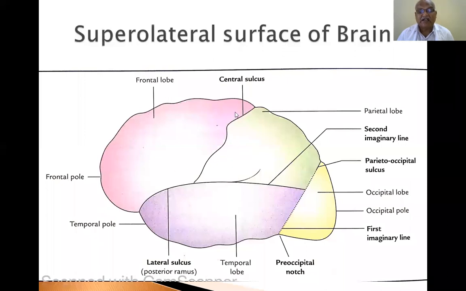So this is the frontal lobe in front of the central sulcus, parietal lobe behind the central sulcus. So this central sulcus is an important sulcus.